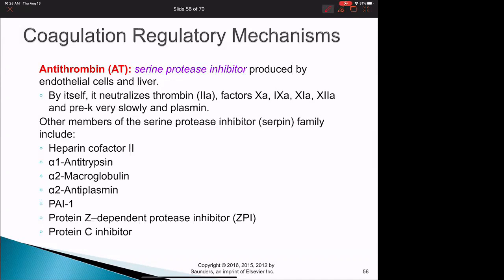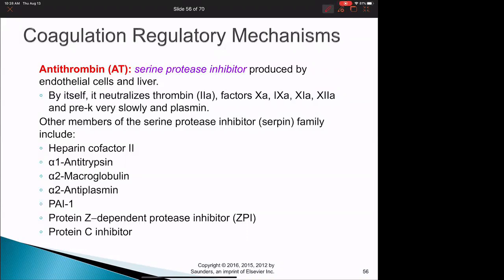It also helps in neutralizing activated factor 10, activated factor 9, activated factor 11, activated factor 12. Prekallikrein is also inactivated by antithrombin, but it's inactivated slowly, okay? So this is a protease inhibitor from the SERPIN family. Okay, so antithrombin is very, very important, and we're always going to hear about this regulatory protein.